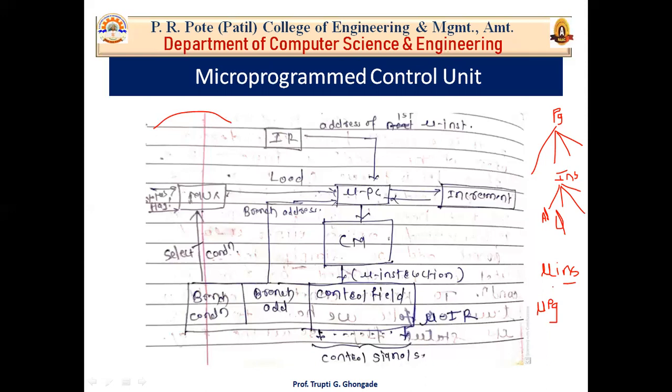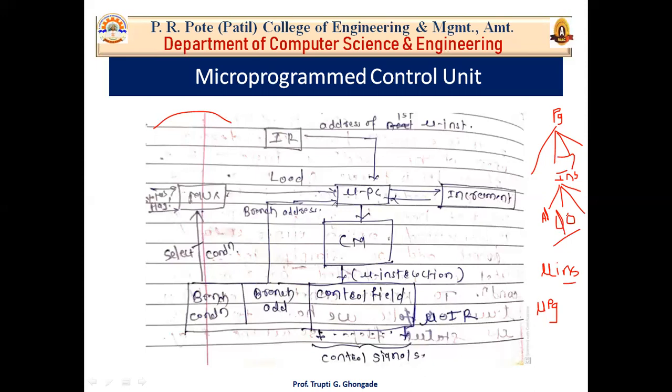This is a program stored in memory. A program is a set of instructions, and instructions require a set of micro operations to perform. To do micro operations, we need control signals, and those control signals are produced by the control unit.